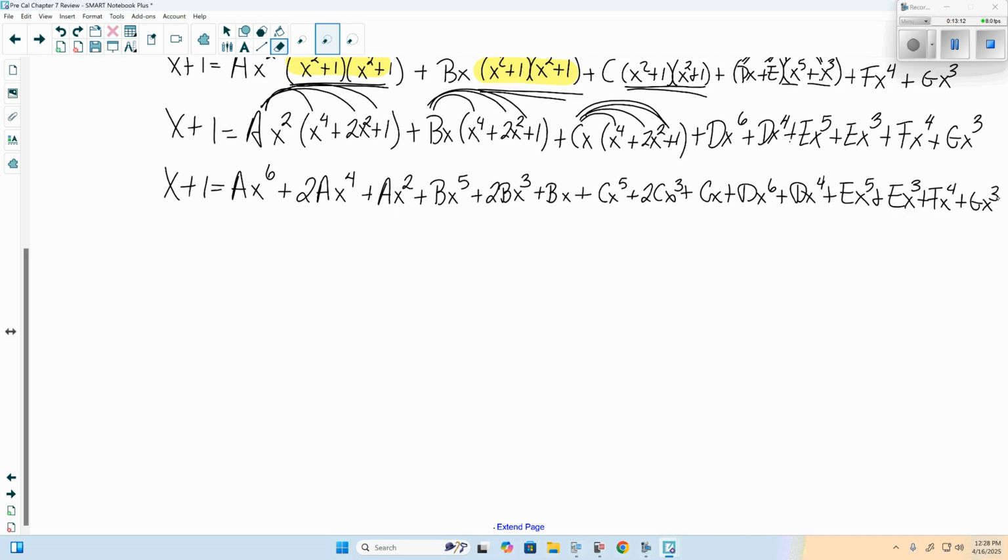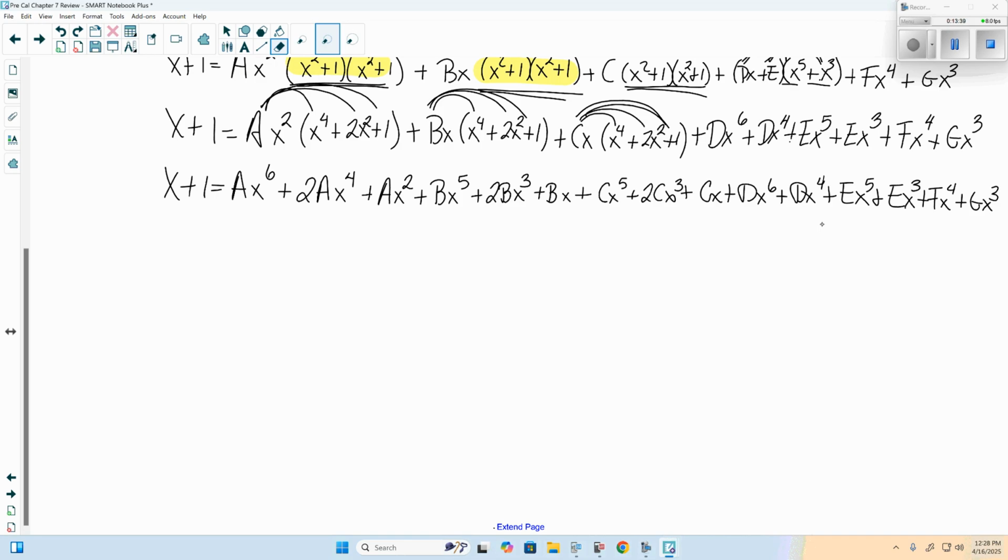So, oh, here ex to the fifth and ex to the third. Are they like terms? Because one is x. If we multiply like bases, we can add the exponents. Because 2 to the 6th power, is that going to be the same as 2 to the 4th power?